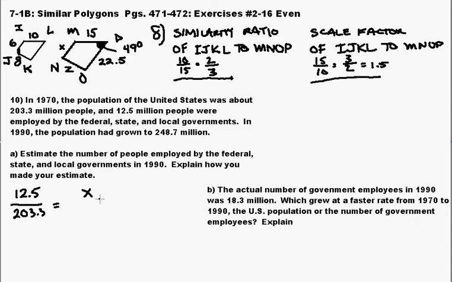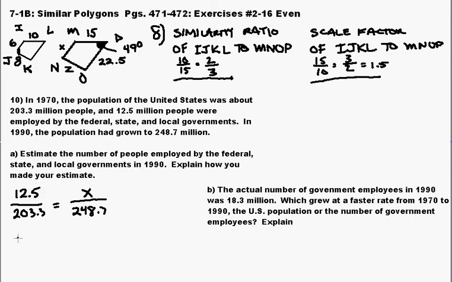We're going to make that our unknown amount. We'll say that's X is to the total people in 1990, 248.7.